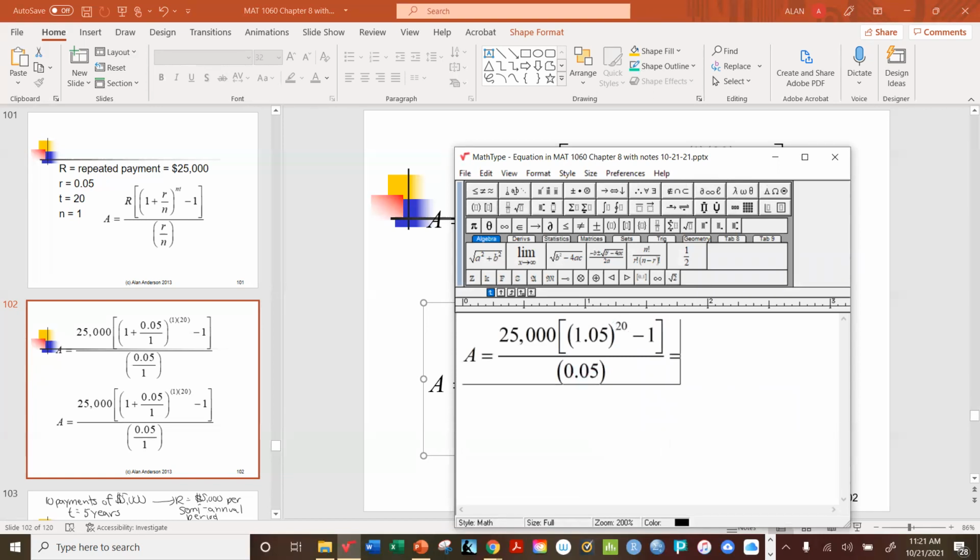And then what I can do is go to my calculator and determine that 1.05 to the 20th power minus 1 is, let's see, 1.6533, let's say, all over 0.05.